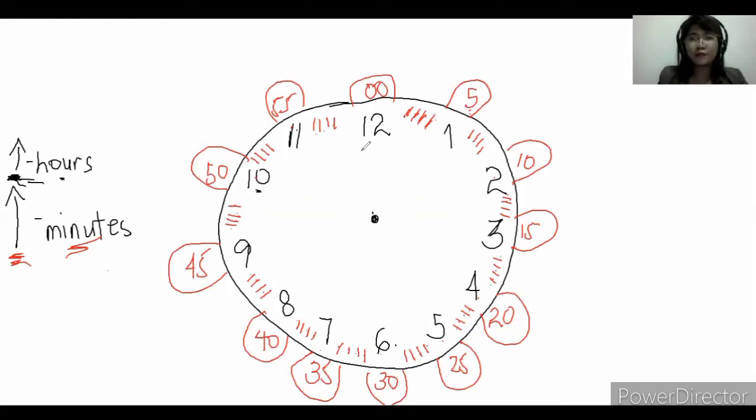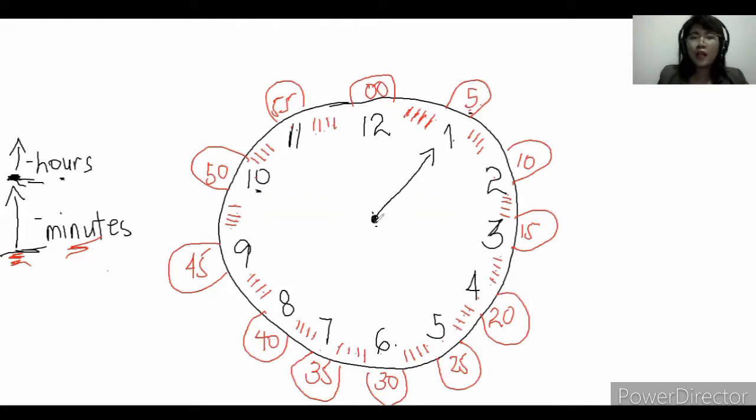Example, this is a long hand. Long hand points to number 1, so you will say 5. Okay?